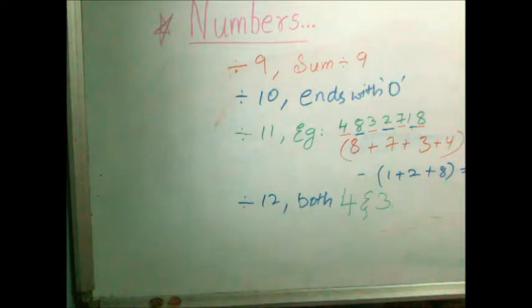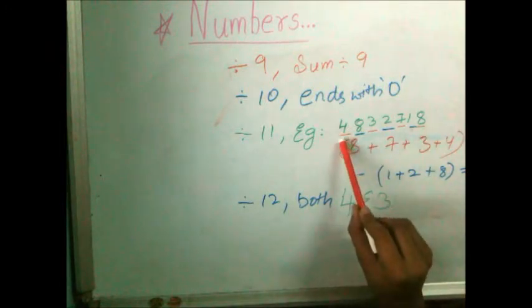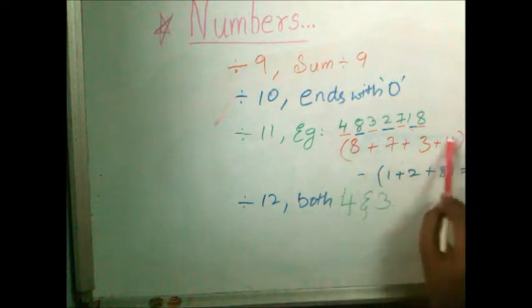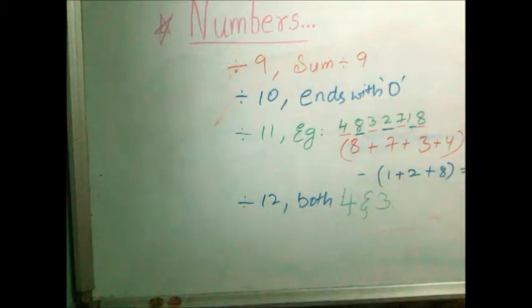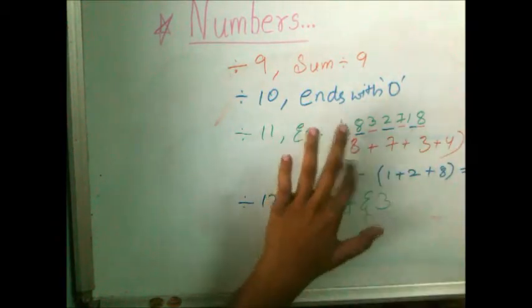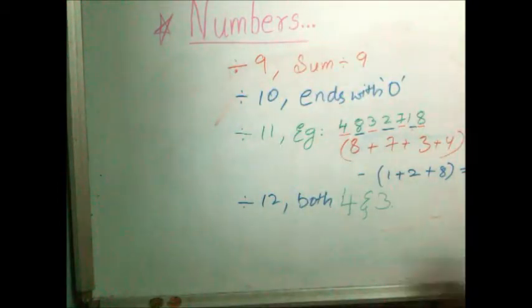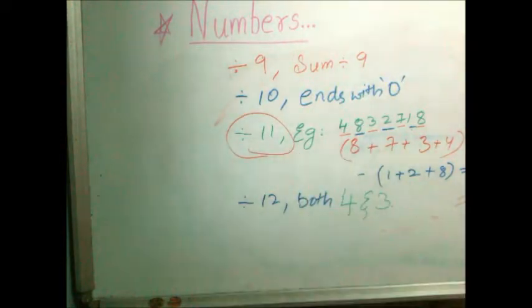Next, divisible by 11. This is a bit tricky. See the places: these are odd places and these are even places. If the difference between the sum of the odd places and the sum of the even places is 0 or 11, then the number is divisible by 11.